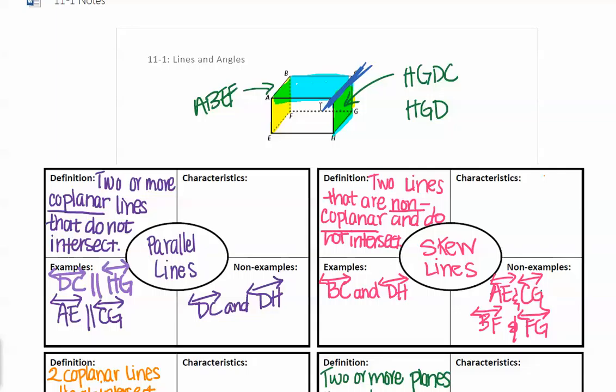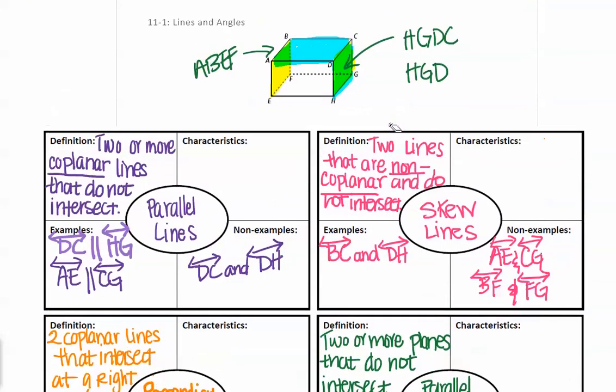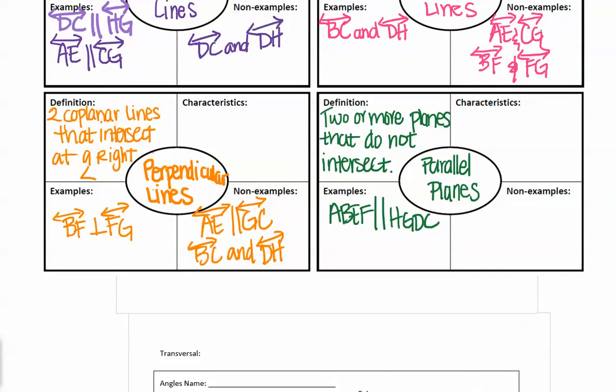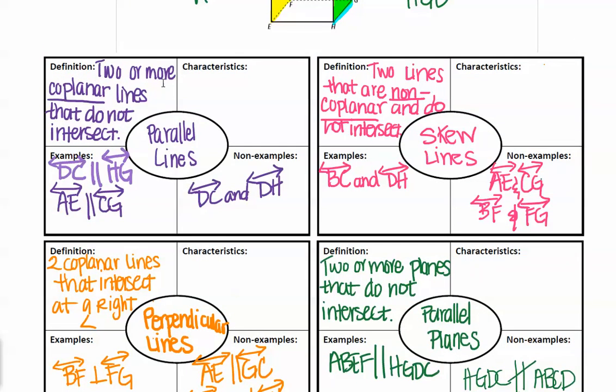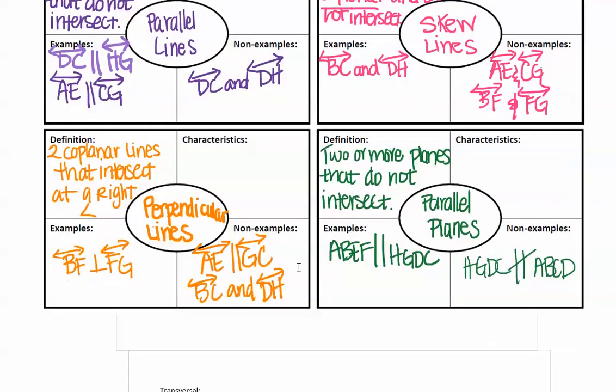Okay, so those would not be parallel. So HGDC and ABCD would not be parallel. Now for characteristics, if you think of anything that you want to add to it, but it's good the way it is. We got the key parts here.